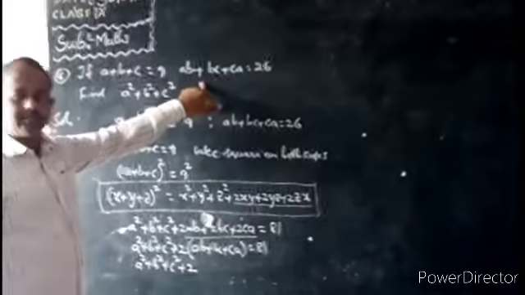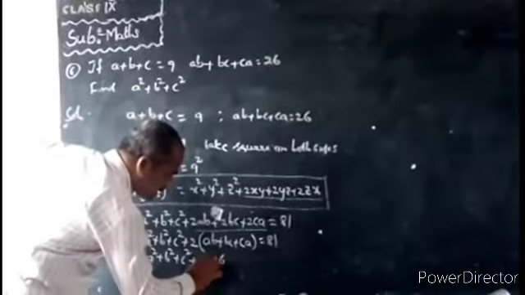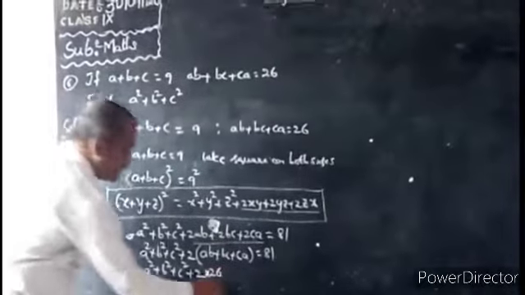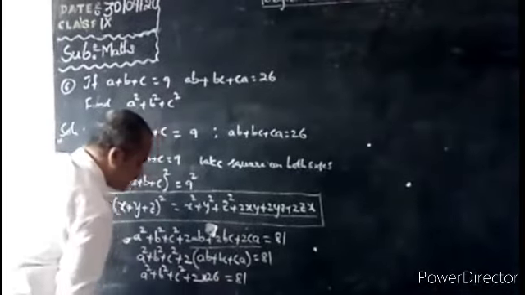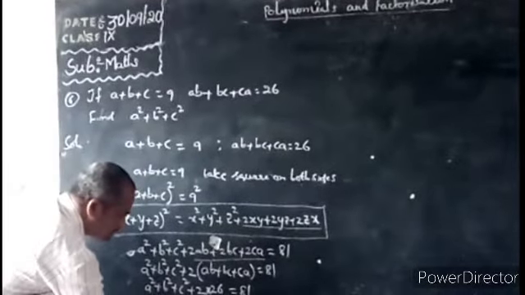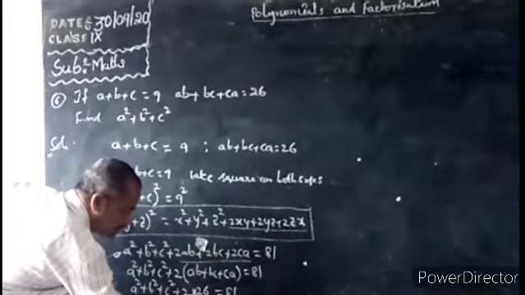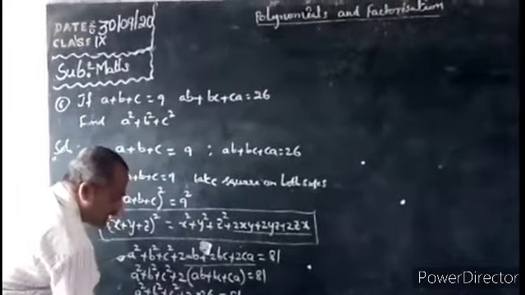This is given already. So substitute that value here: 2 into 26, that is equal to 81. In the next step, a square plus b square plus c square plus 2 into 26, that is 52, is equal to 81.